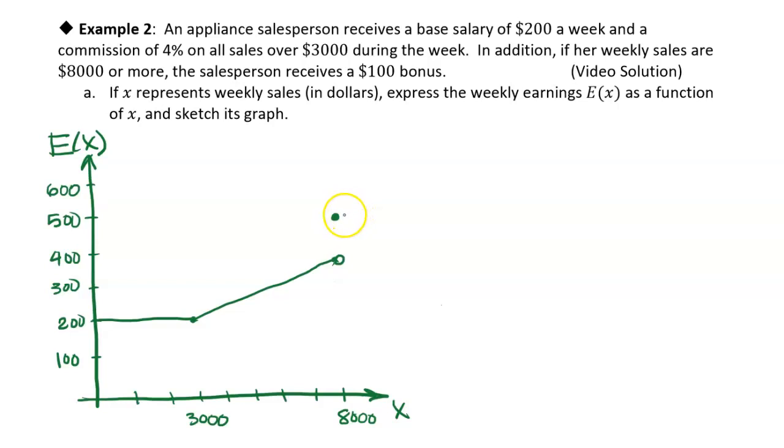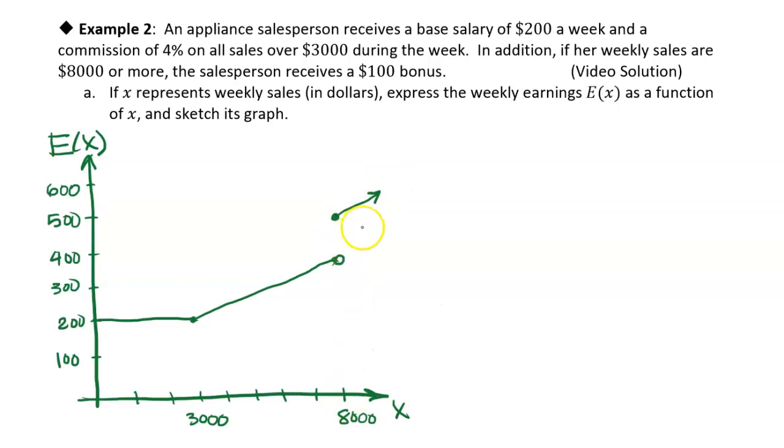If she goes over $8,000, she still earns the commission, so the graph will just keep going up like that. Okay, but she only gets the $100 just once, but it raises her salary from 400 to 500 when she's sold $8,000.